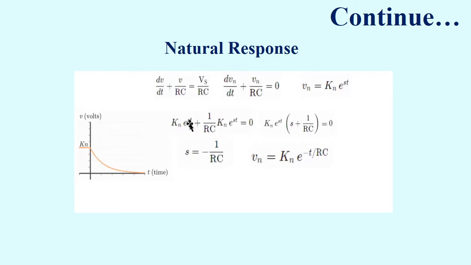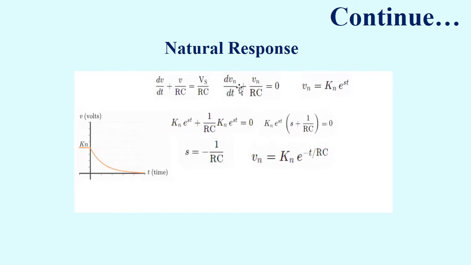After this, we take Kn e raised to the power St as a common term, and then we consider S plus 1/RC equals 0. From this, we have S equals minus 1/RC. So Vn equals Kn e raised to the power minus t divided by RC, meaning a negative exponential.